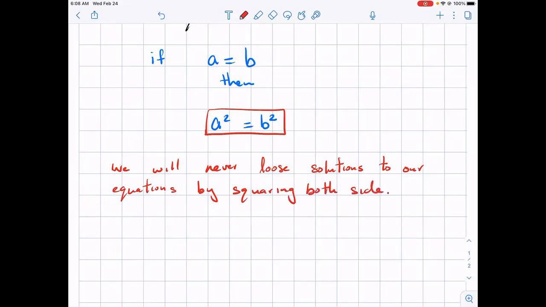So we never lose it. We may, however, introduce what are called extraneous solutions.